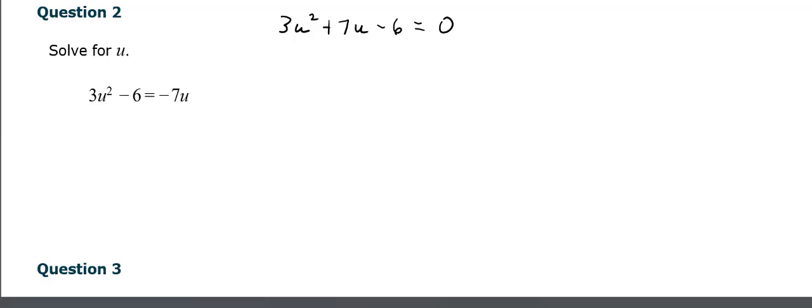So we're going to use the AC method or reverse FOIL method to factor. The first thing we do in all factoring problems is to determine whether or not we can remove the greatest common factor. And there's nothing that divides evenly into the terms. So now we'll multiply the A, which is 3, times the C, which is negative 6. And that gives us negative 18.